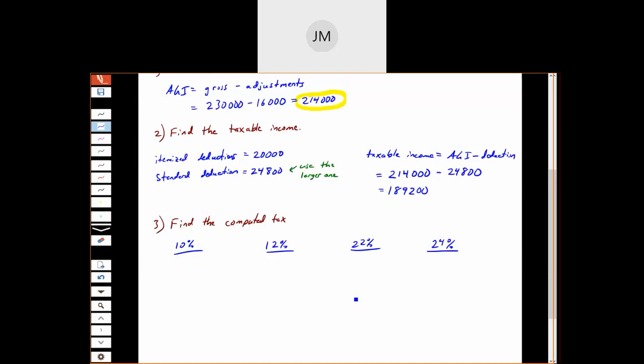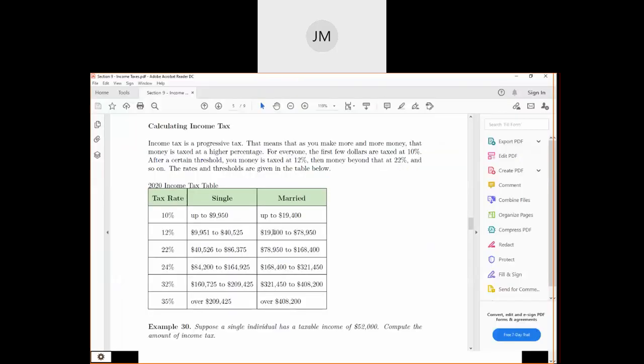Reading off my table, the 10% holds up to $19,400. So that's full. The 12% bracket holds the money from $19,400 to $78,950. So it picks up where the last one left off and goes up to the next one. So what we want to do is subtract in order to get how much that can hold.